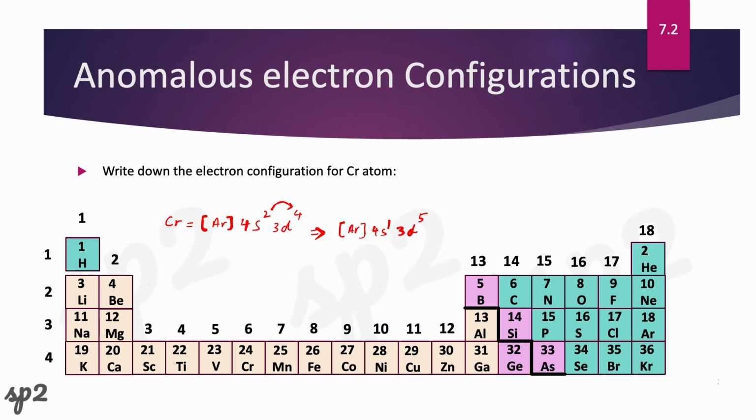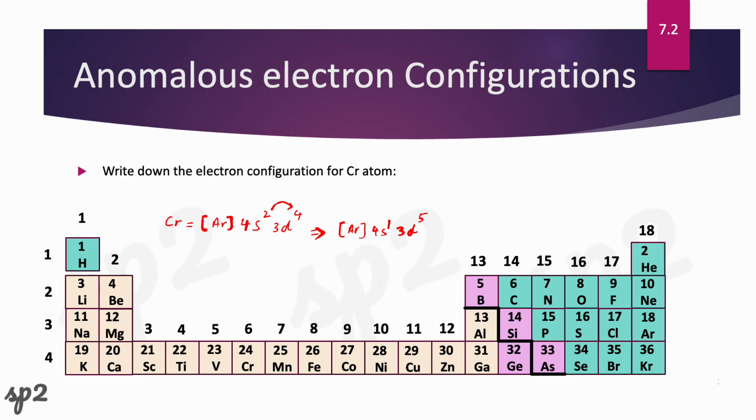If I have 3d5, that means every single d orbital has only one electron. I don't have two of them within one orbital. That means you can minimize the repulsion between the electrons, right? And that is a great idea because you can stabilize your configuration. So the only reason that 4s1 3d5 is more stable than 4s2 3d4 is because of not having any two electrons within one orbital of the d section.